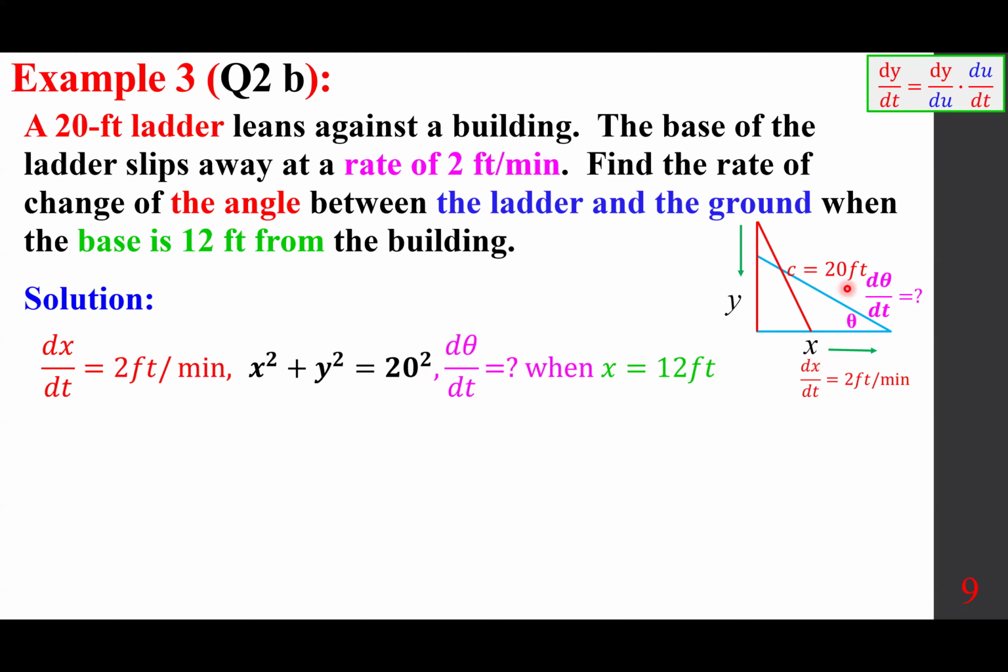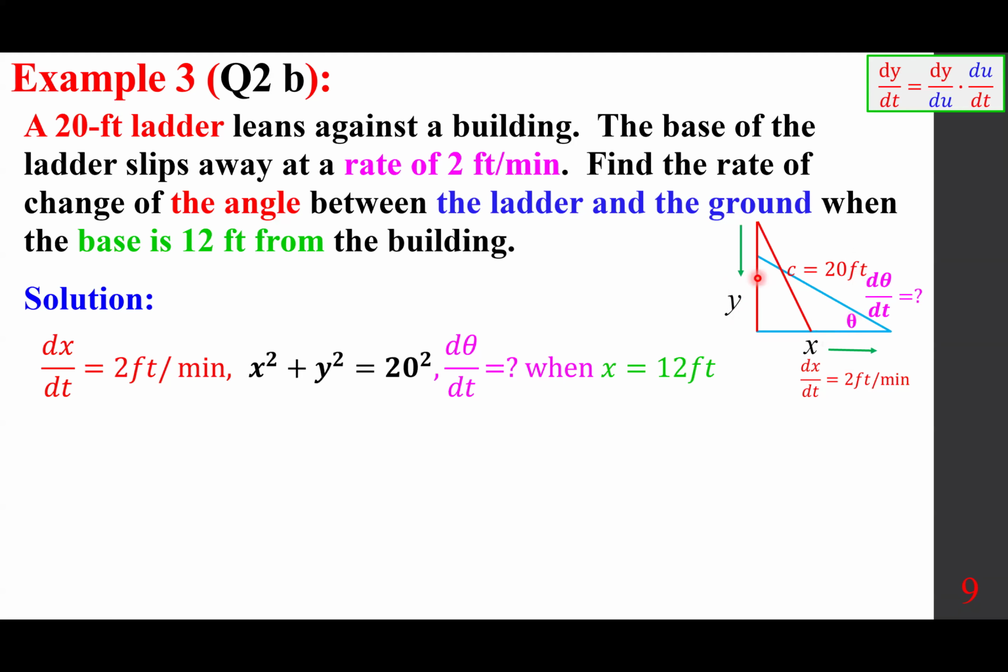One might say, okay, I can relate y and theta because I've already found dy/dt in the previous part, and you're 100% right. However, what if we made a mistake? You always work with the given if possible. So what is the relationship between x and theta? As you can see, cosine theta is the adjacent x over the hypotenuse 20.